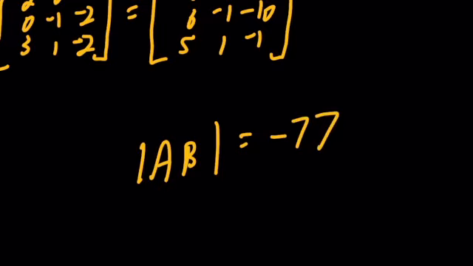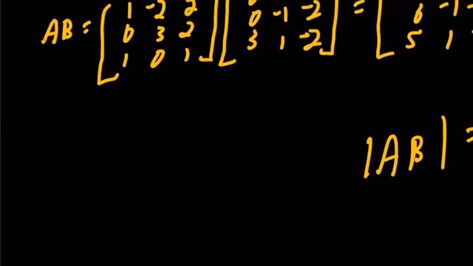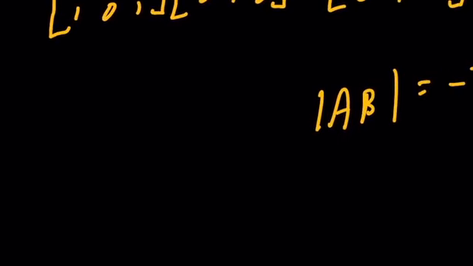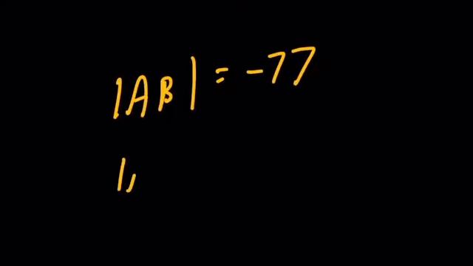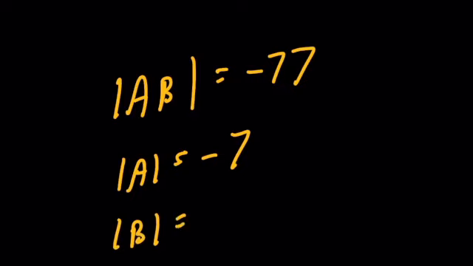Now, is there a faster way of arriving at that answer without doing any of the calculations? And it turns out there is a faster way. So we already know that the determinant of A is equal to negative 7, and determinant of B is equal to 11.